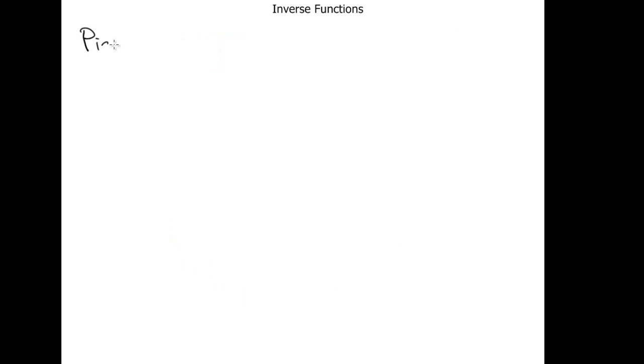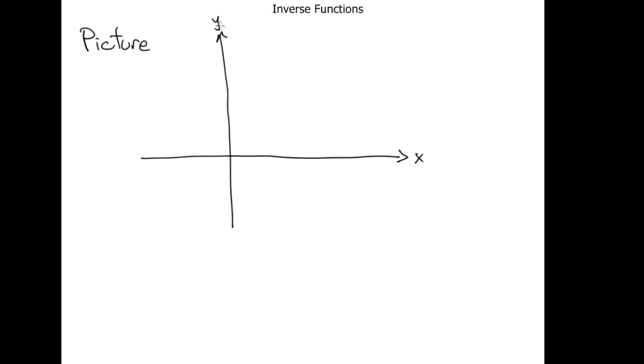Okay, let's draw a picture to see what's going on here. So here's the xy plane, and this is where we're going to graph our functions. And let's say you have some function which looks like this. That's the graph of f of x, y equals f of x. And what does this mean?